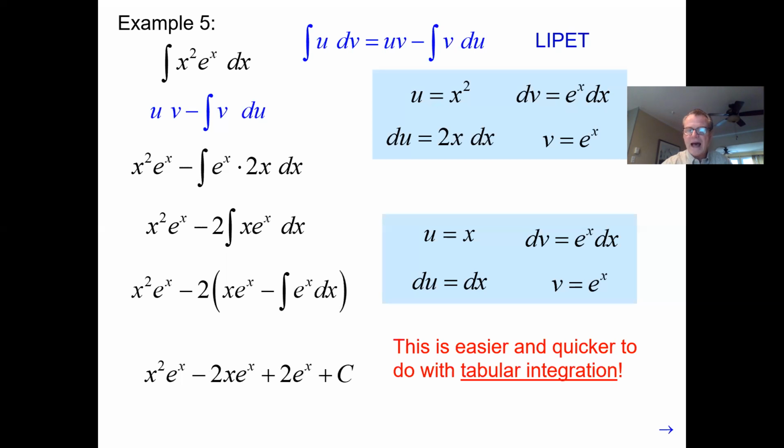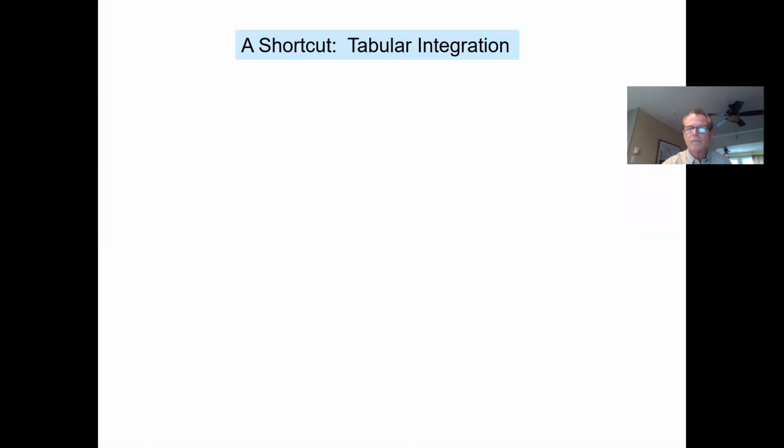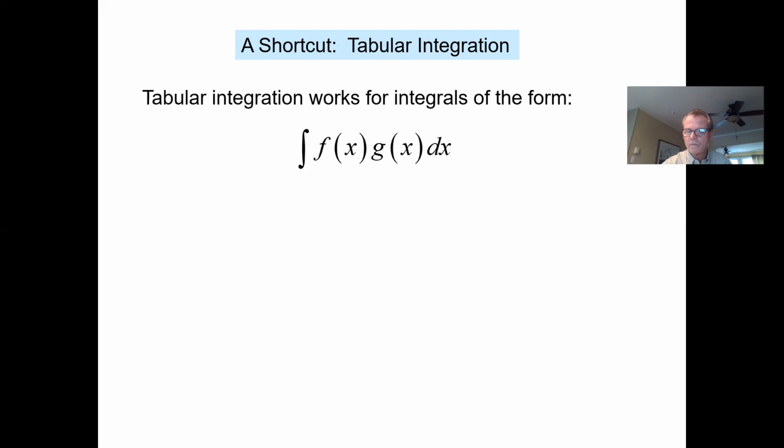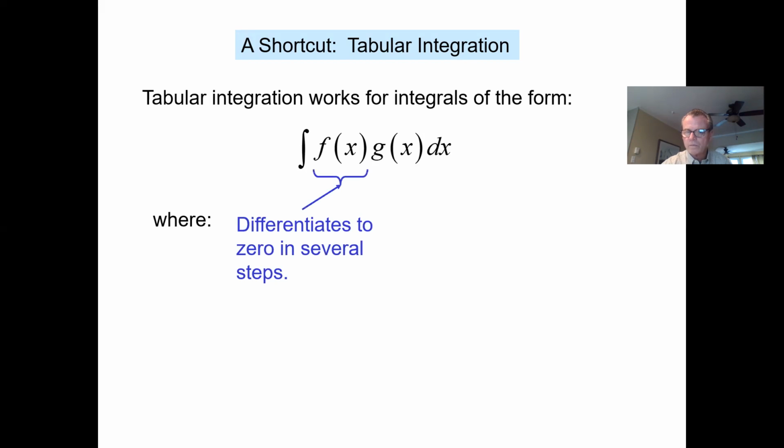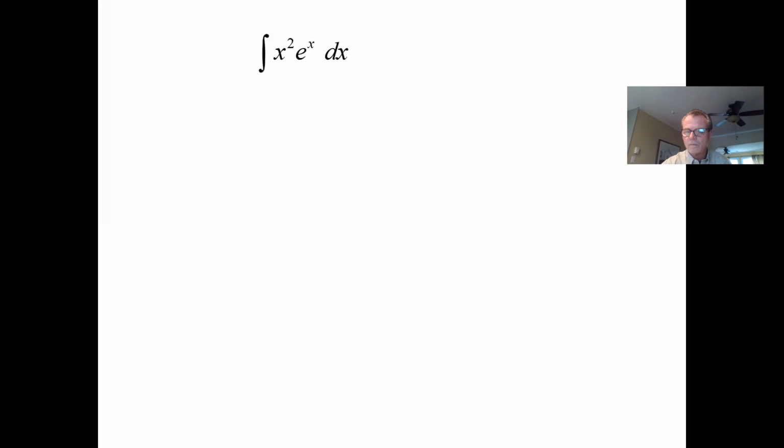So the tabular method is here. This is the shortcut. It's the same problem, so we're going to get the same answer. So here's the question. What do you do?